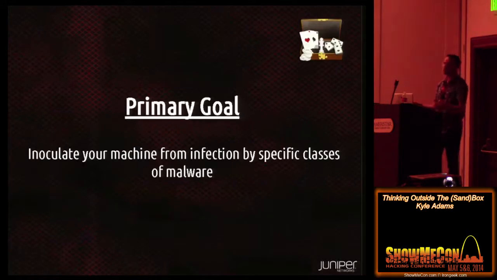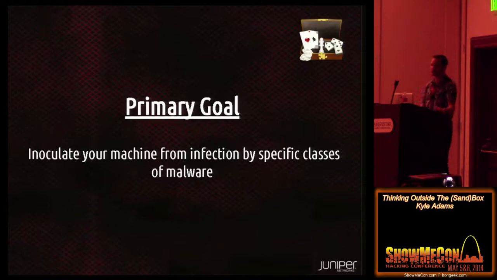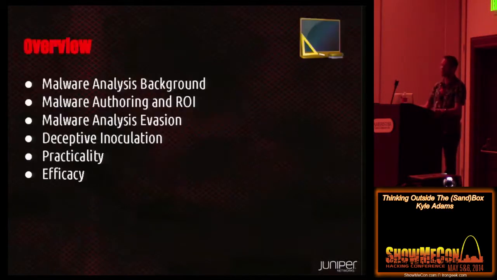So the primary goal of this talk is to show you how you can modify your home machine to stop malware from installing itself on your box. I'll go into detail about how this is possible, but before I do, we have to go through a little bit of background as to the landscape that the malware authors have set up for us. First off, we're going to talk about analysis, so how AV vendors actually deal with malware.